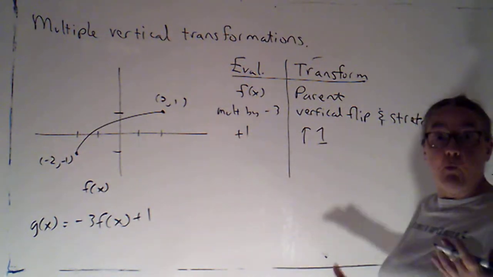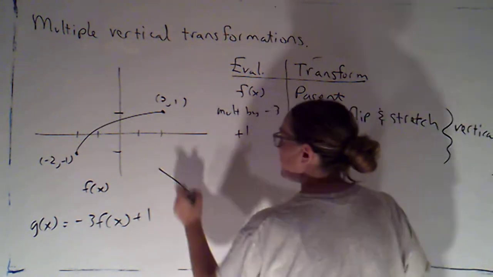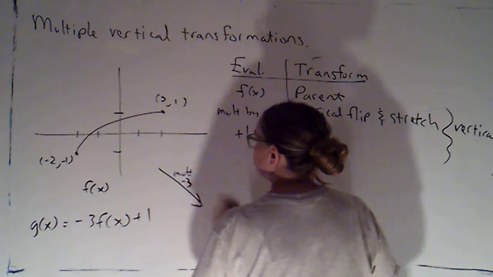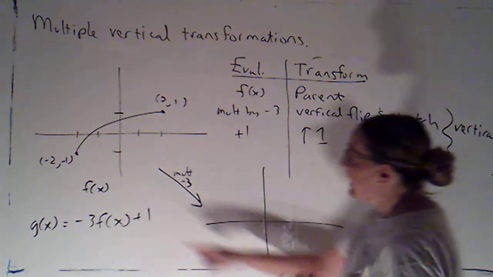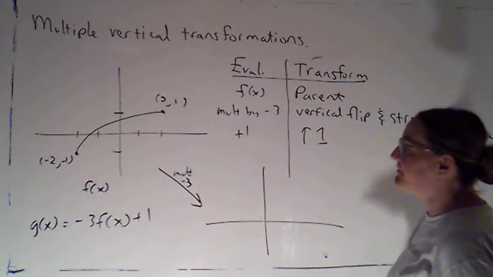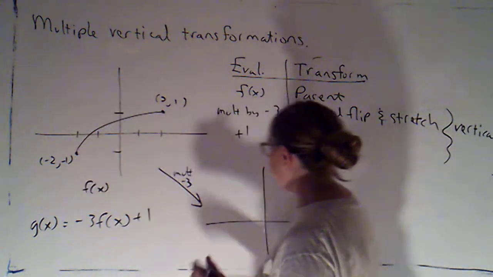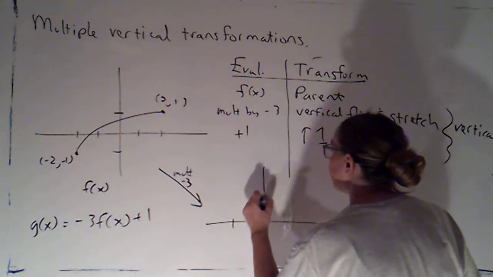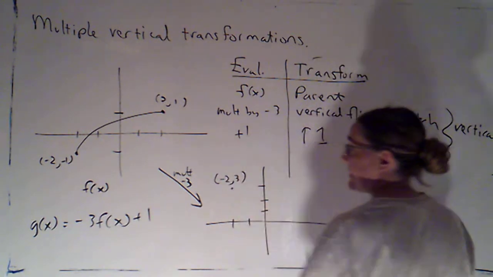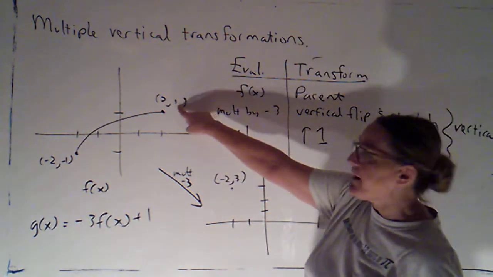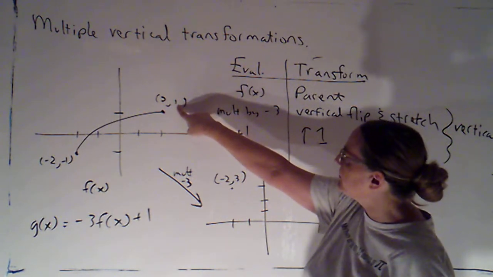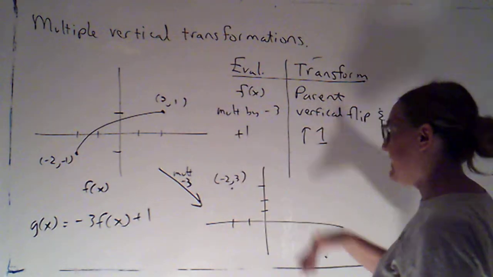Okay, so I'm going to do them one at a time. So if I were to multiply by -3, I'm going to keep my x values the same, but the y values get multiplied by -3. So -1 times -3 is just going to be +3. So I'll have the point -2, 3. And then here the y value was 1. When I multiply that by -3, that's going to become -3.